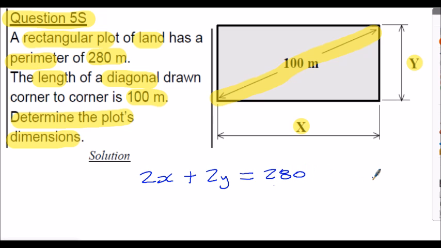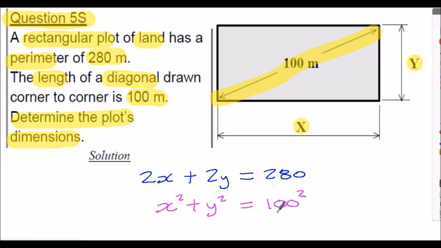There's our first equation in terms of x and y. Reading on, we know the length of the diagonal drawn corner to corner is 100 meters. So using Pythagoras' theorem and the notation in the diagram, we could write x squared added to y squared is equal to 100 squared. That's applying Pythagoras' theorem to our problem.